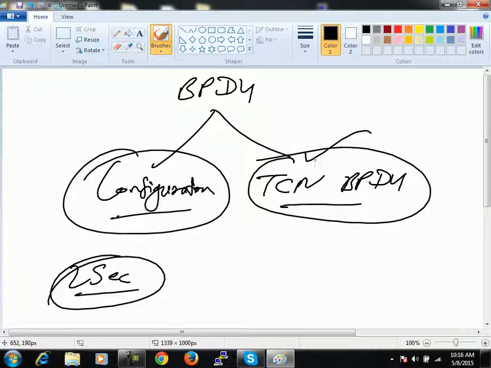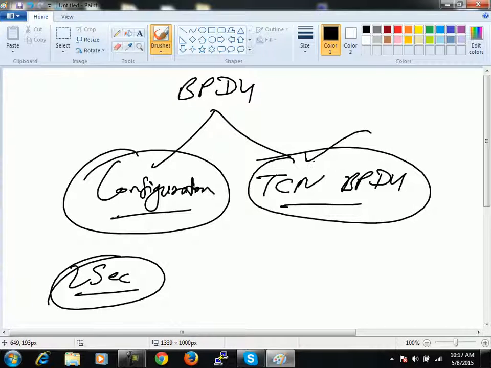Whenever there is any change on any switch, that switch will be responsible for generating a TCN BPDU. TCN is topology change notice, or you can also call it notification. Topology change notice BPDUs will be generated by the switch where a change occurs, right? Whenever any change occurs on any switch, that switch will be responsible for generating that TCN.